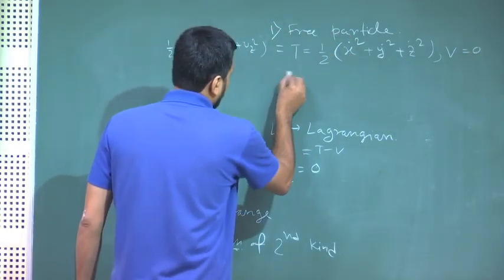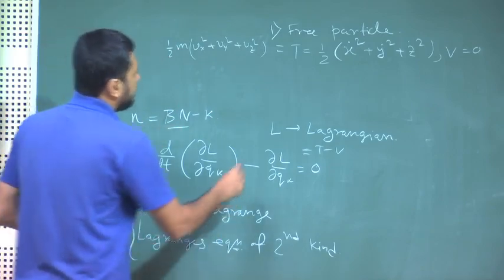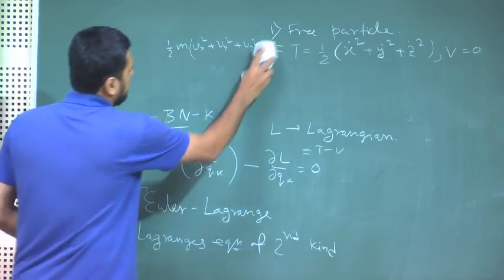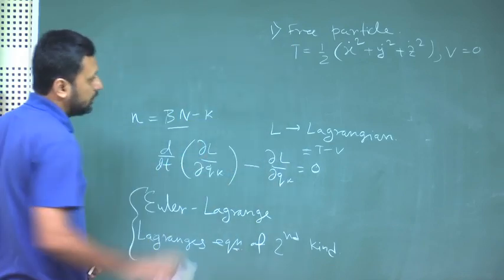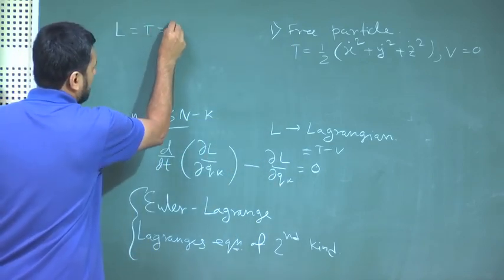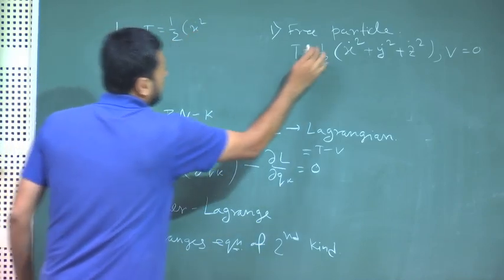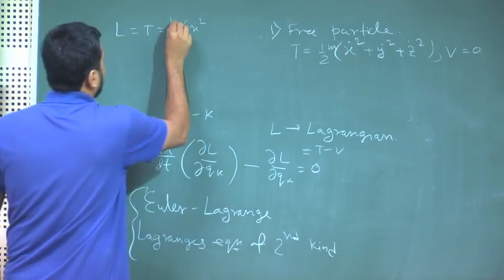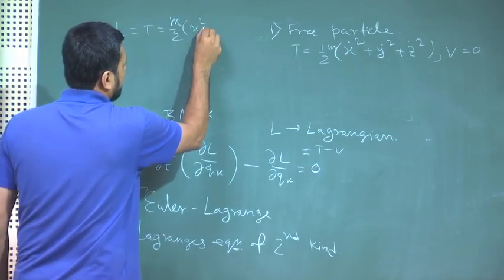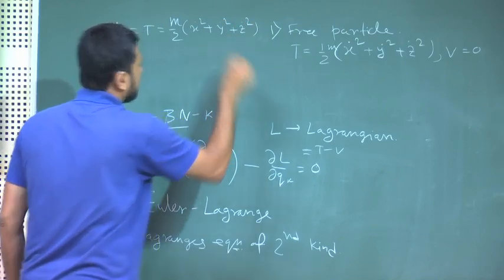So, if I start by writing my Lagrangian, my Lagrangian for the system, which is T minus V, will be exactly equal to T, which is half m, let us say free particle of mass m, times x dot square plus y dot square plus z dot square.